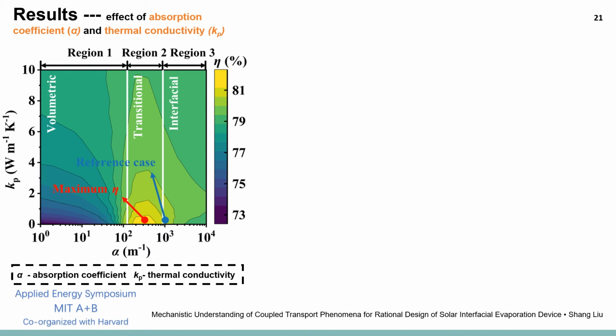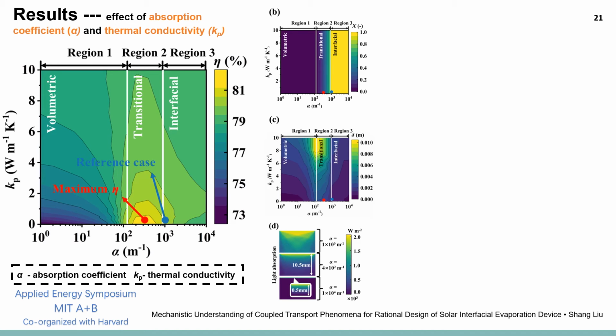This part shows the effect of absorption coefficient and thermal conductivity on the evaporation efficiency, and the corresponding interfacial location, interfacial thickness, and light absorbing distribution are also shown here. Three regions with distinct evaporation behavior were identified.